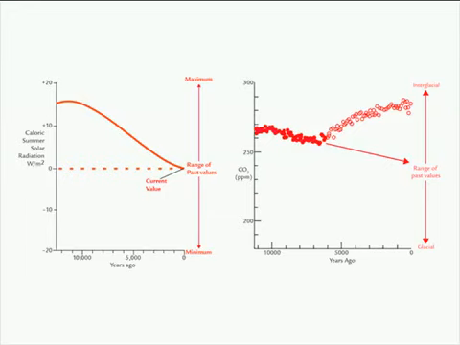And you start off with very cold glacial temperatures, perhaps 4 to 5 degrees centigrade colder than modern temperatures. And then you have the rise out of the glaciation, a peak in warmth in global temperature around 8,000 years ago.